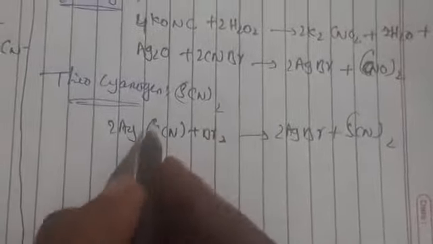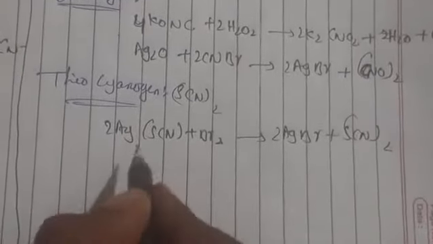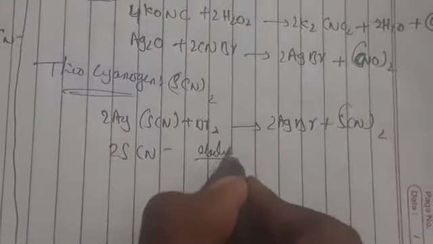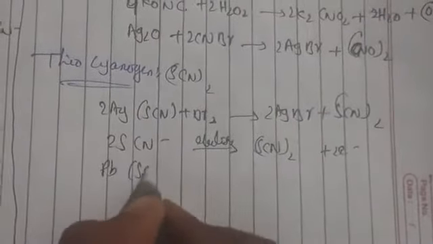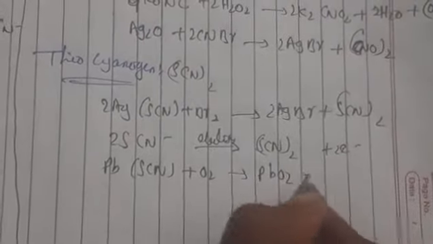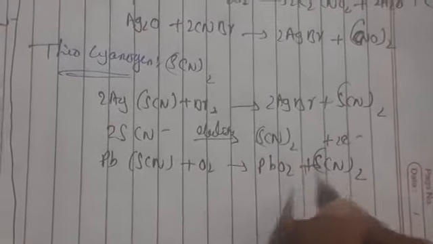In the same way, with I2 also, if you react 2AgSCN, and also 2SCN minus, when you do electrolysis, it will give (SCN)2 plus 2 electrons that it is going to release. And also with lead, Pb(SCN)2 plus O2, it will give PbO2 plus (SCN)2. So thiocyanogen we are getting.